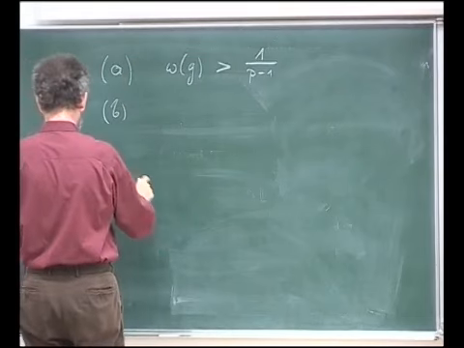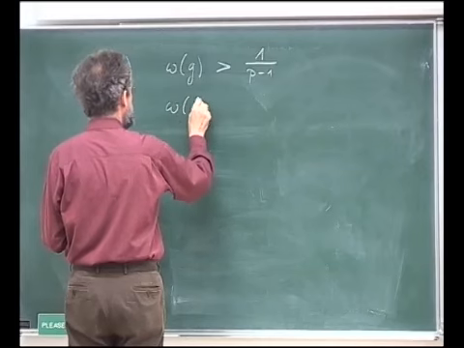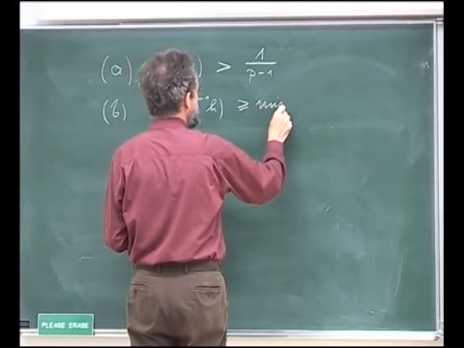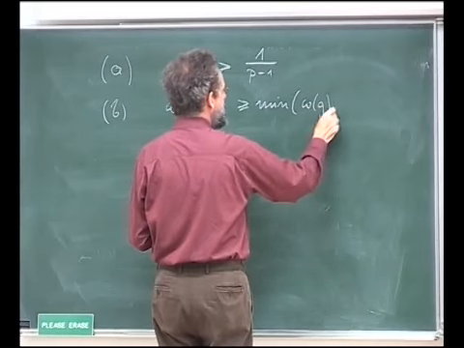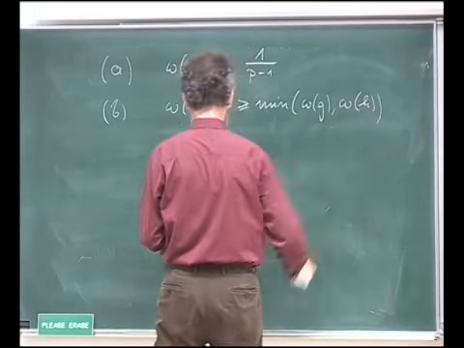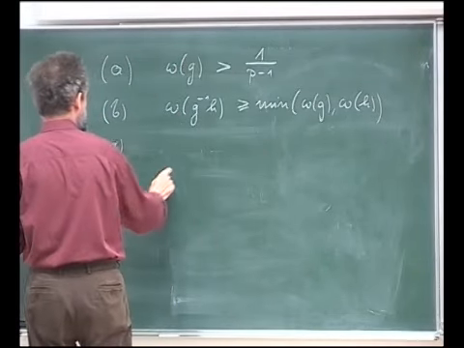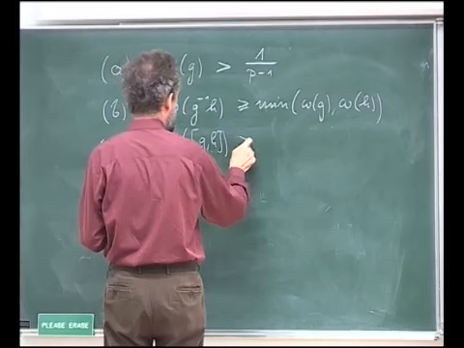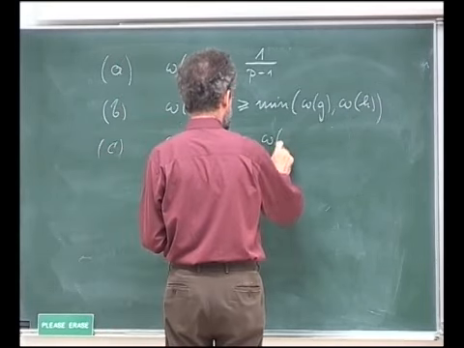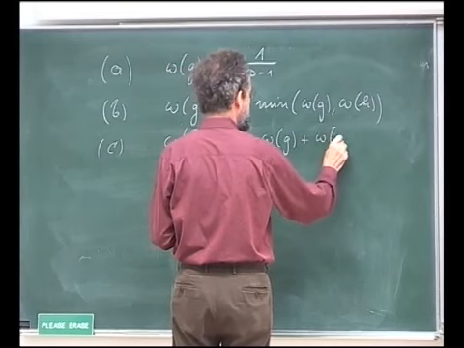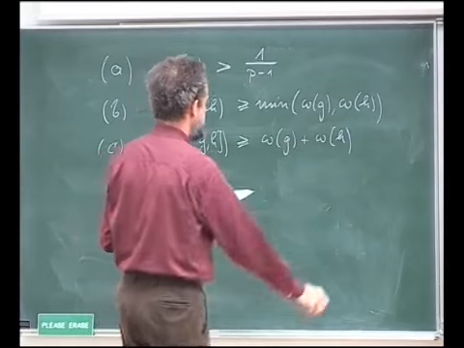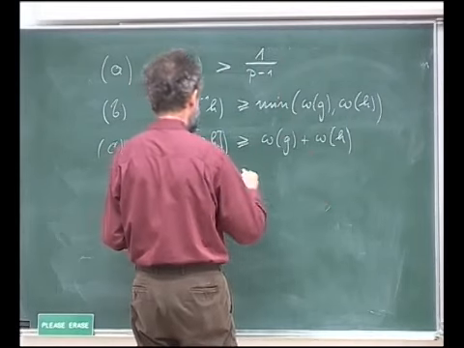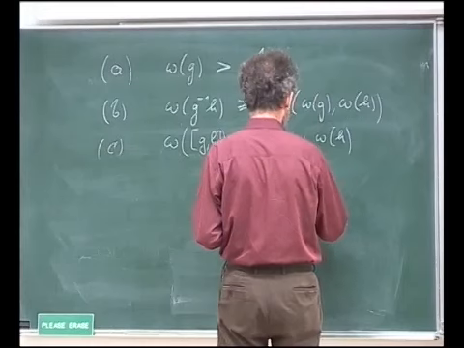First of all, the values are always strictly bigger than 1 over p minus 1. Then omega of g h inverse is at least the minimum of omega g, omega h. C, omega of a commutator is at least the sum of the individual omegas.